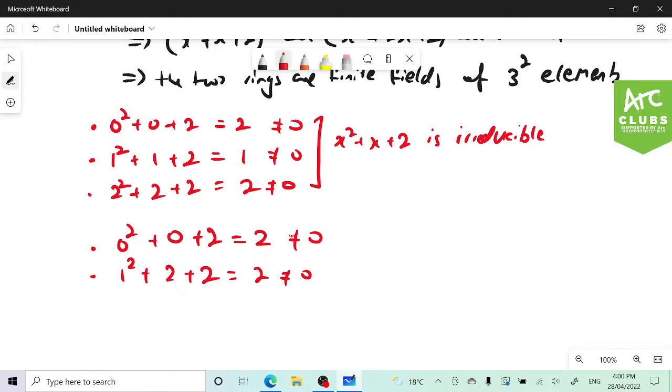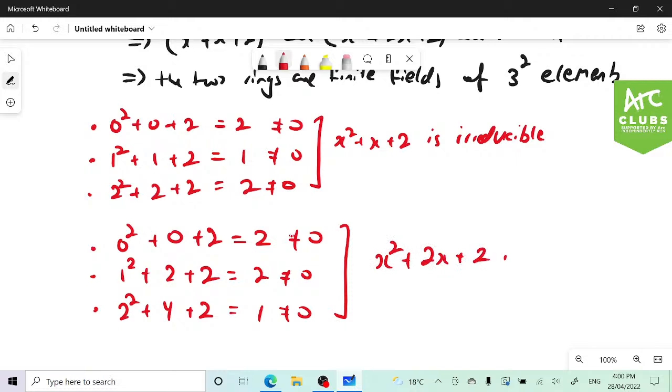And then 2 squared plus 4 plus 2, so that's 6, so 4 plus 2 ... that gets you 1, which is not 0. So this is enough to show that x squared plus 2x plus 2 is irreducible.